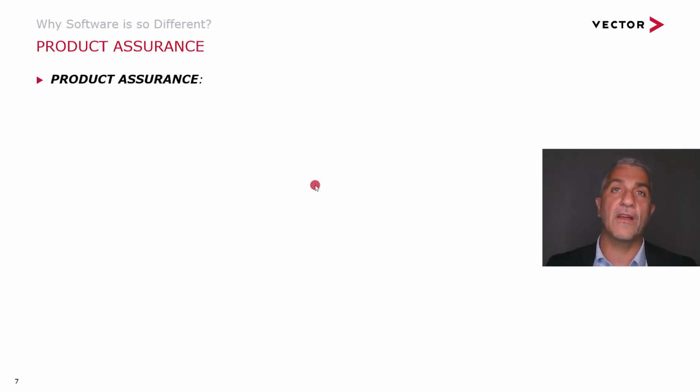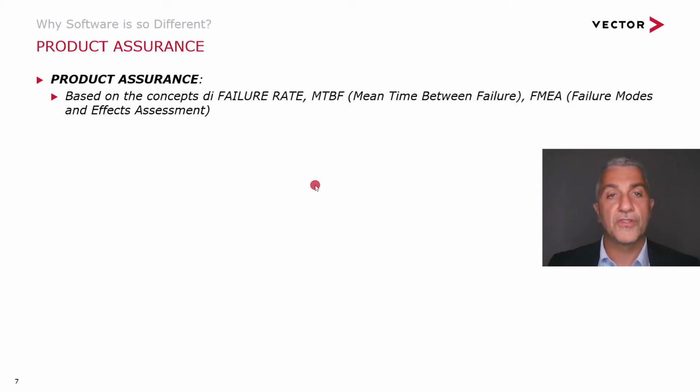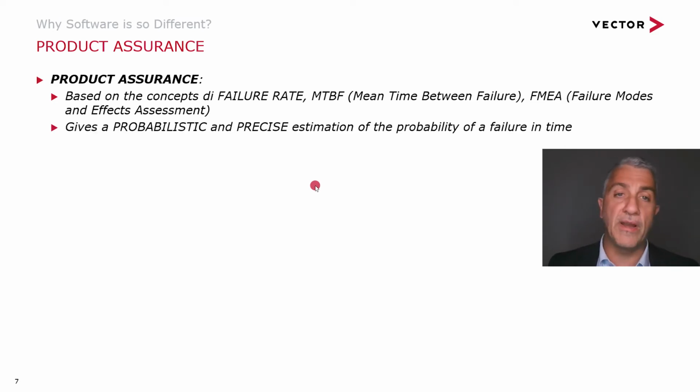So in effect, if we talk about electromechanical devices, we talk about product assurance. So you can calculate the failure rate, the MTBF, mean time between failure. You can do some assessment of failure modes, etc. You can give a probabilistic and precise estimation of the probability of failure in time.